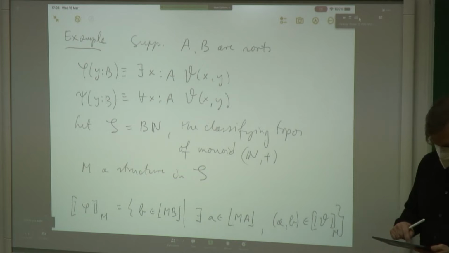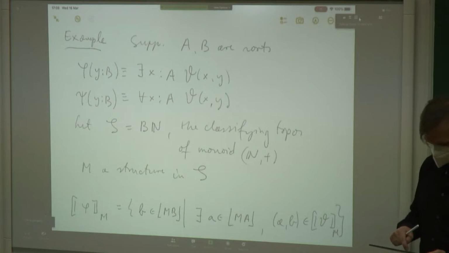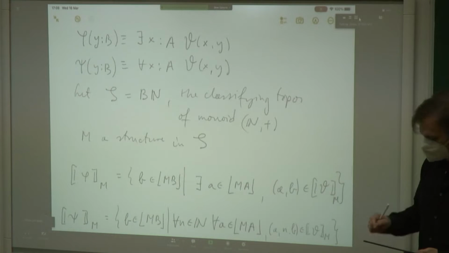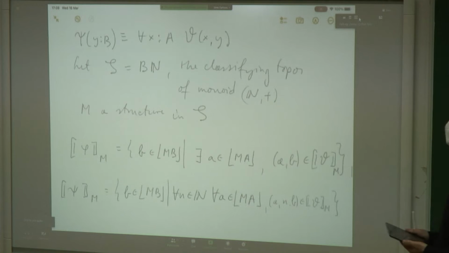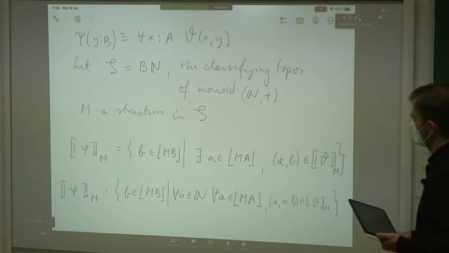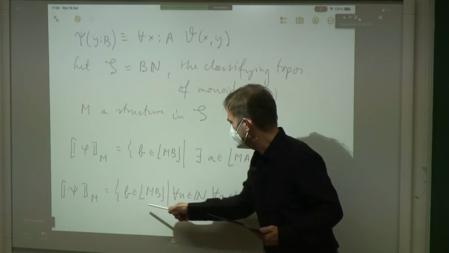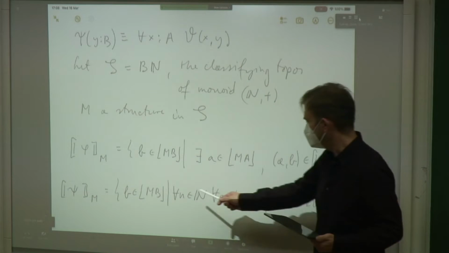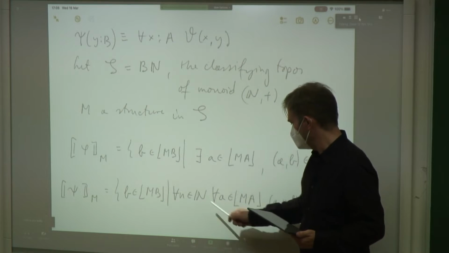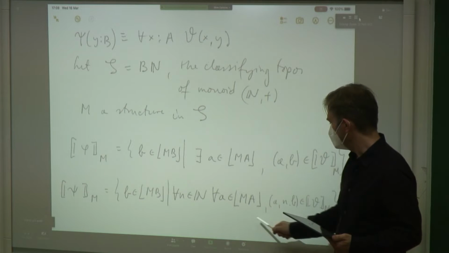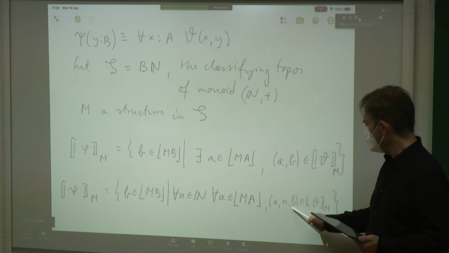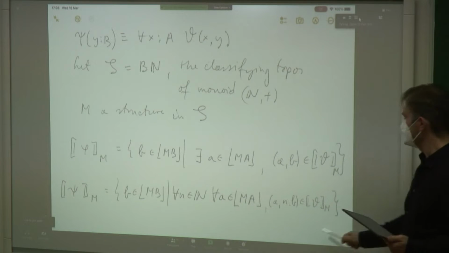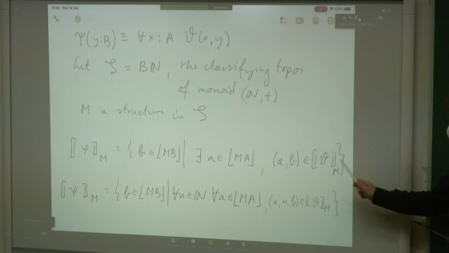Now, let's take a look at what happens with the universal quantifier. With the universal quantifier, you get a set of those B in the underlying set such that for every natural number n, for every A in MA, A comma n dot B belongs to the interpretation of this.